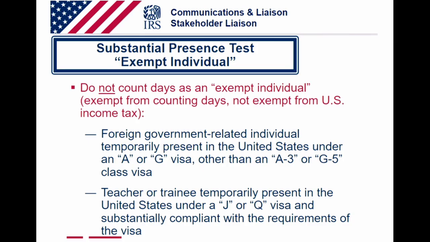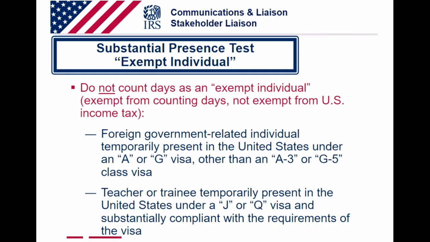Also included are immediate family members of exempt teachers and trainees. So an individual generally will not be considered an exempt individual if they were exempt as a teacher, trainee, or student for any part of 2 of the 6 preceding calendar years.